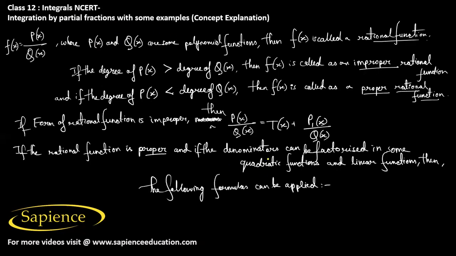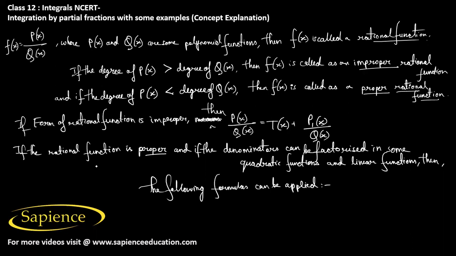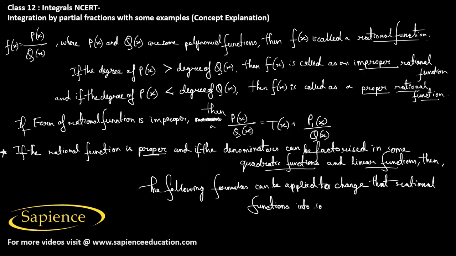So here actually we should write that if the rational function is a proper rational function, and if the denominators can be factorized in some quadratic functions and linear functions, then the following formulas can be applied to change that rational function into some partial fractions.